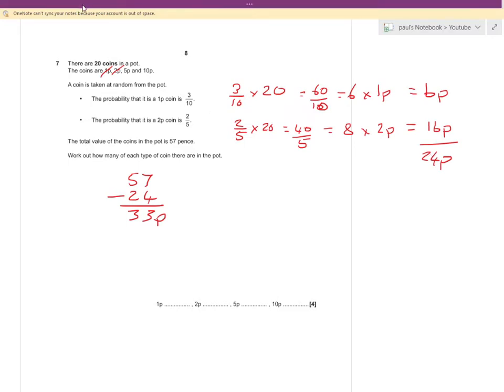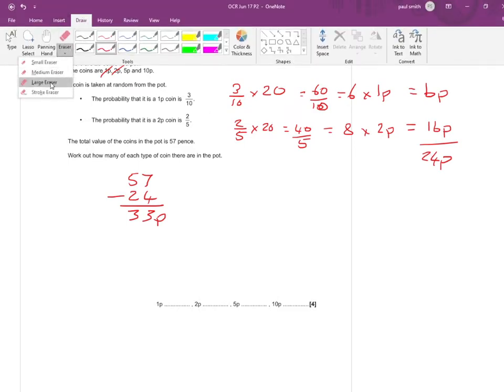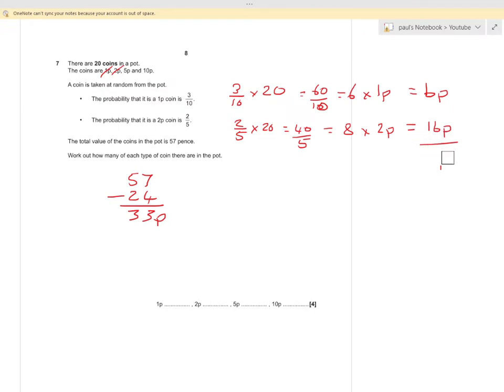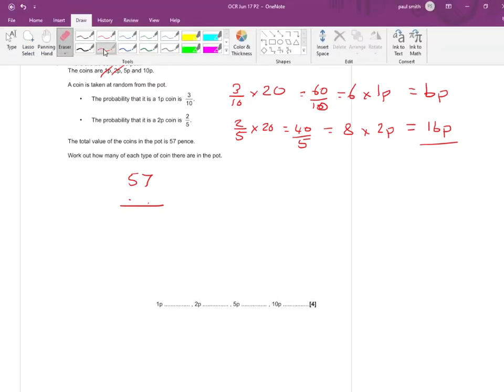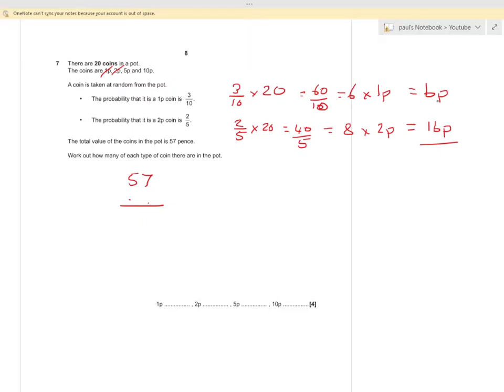That's where I've gone wrong. I can't add up two numbers together, always. Right, so that's not quite right. So hopefully that's where 6 and 6 are 12. That's 22p. So if I take 22p away from that, I'm left with 35p.